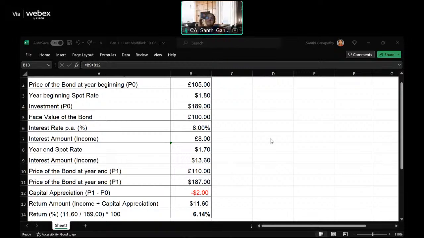Closing minus opening price will be the capital appreciation. Now we can move on to the next problem.